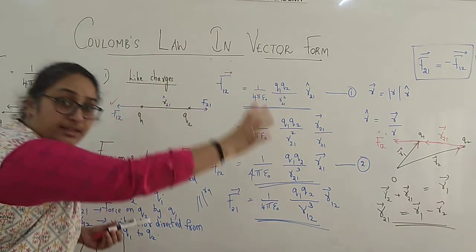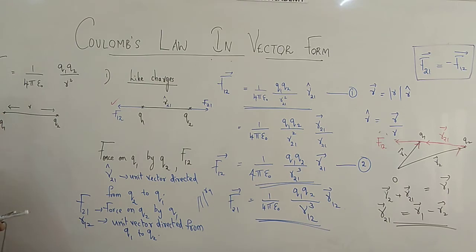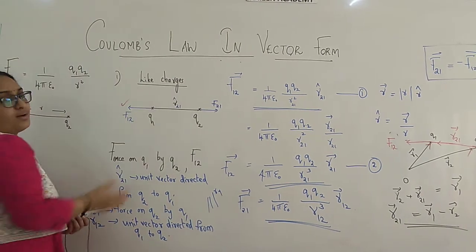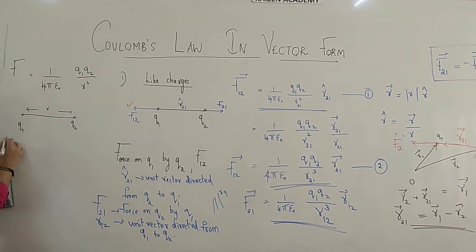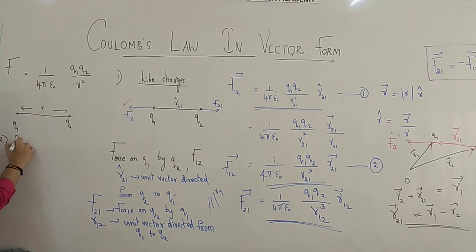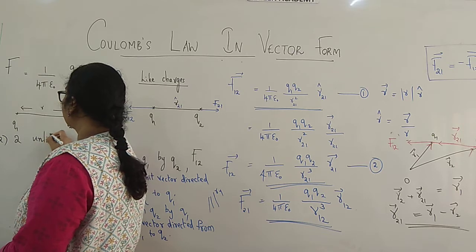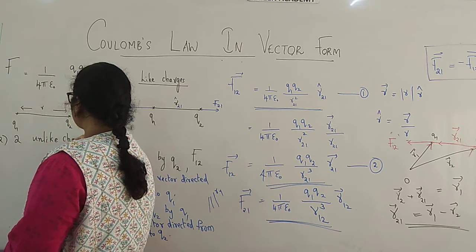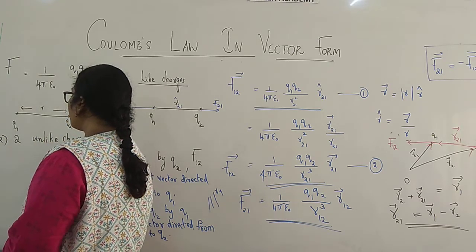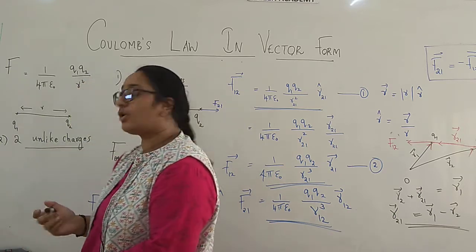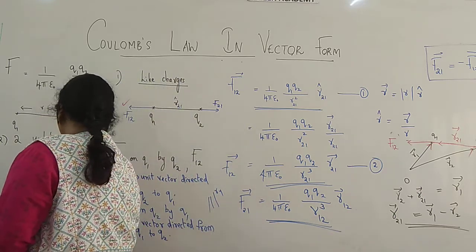I'm not going to repeat the whole thing, I'm just showing you the direction. Case 2, two unlike charges: how will I draw the diagram? Again, I have Q1 and Q2.